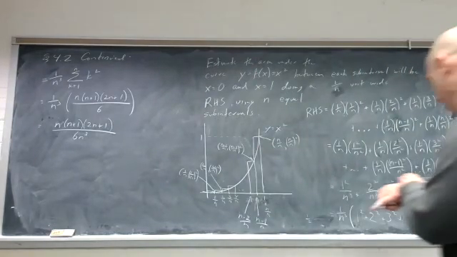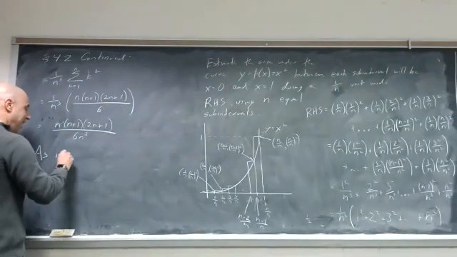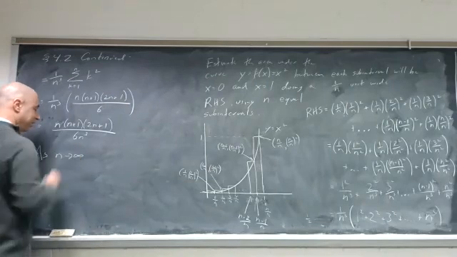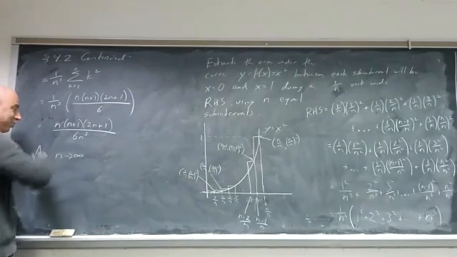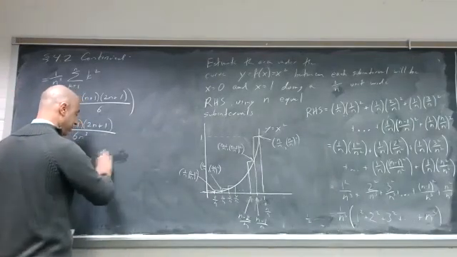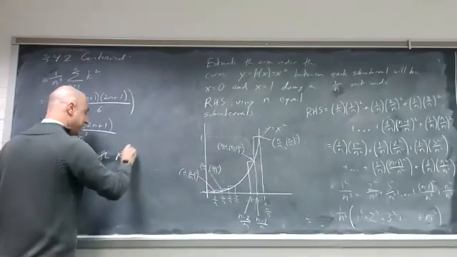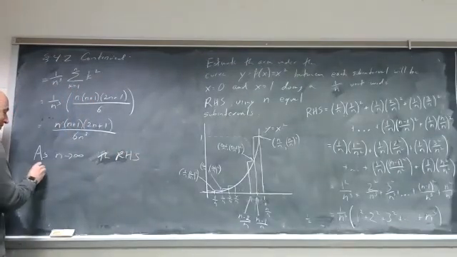And we know that as n gets larger, the area under the rectangles, so the right-hand sum, gets closer and closer to the true value under the curve.